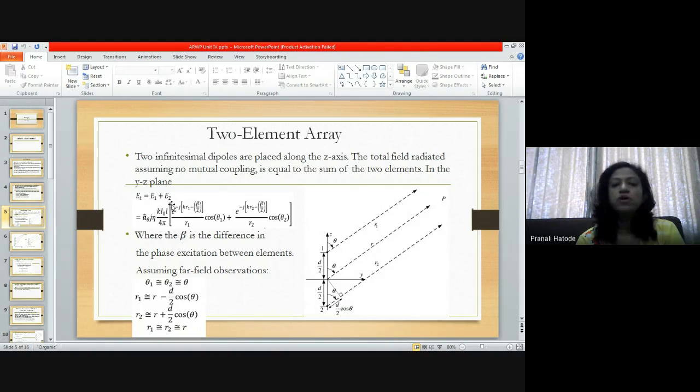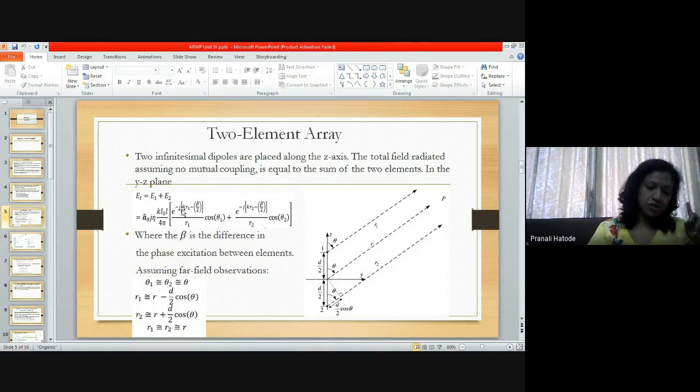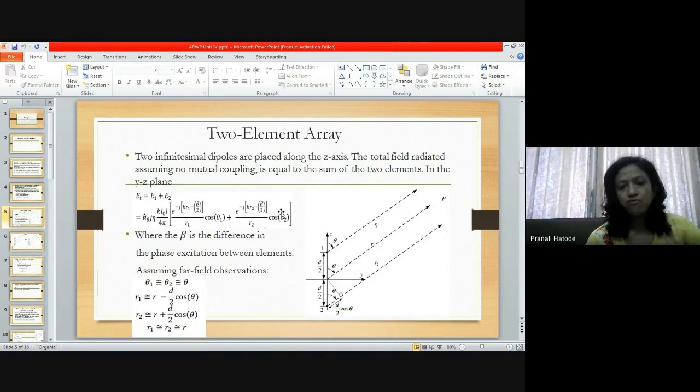The total field radiated by these two elements is given by Et equals E1 plus E2. Now, by substituting the equations of E1 and E2, which I have taught you in Unit 2, in this equation, we get a new equation of total electric field by the two Hertzian antennas, given by this equation, wherein beta is the difference in the phase excitation between the two elements.